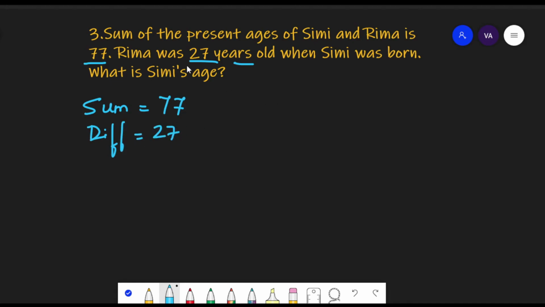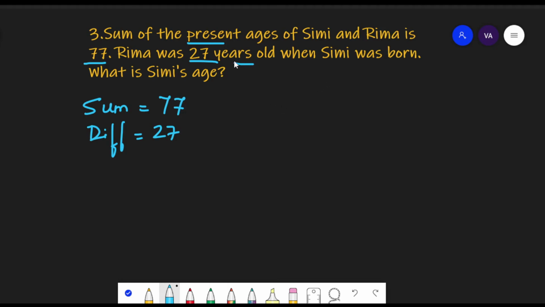But you will ask whether, see, Rima was 27 years old when Simi was born. So is 27 years the difference? Yes, because when Simi was born, she was just born. She was 0 years old. So definitely the difference between the ages was 27 years at that time. So what about the present difference? With every passing year, both of them will grow simultaneously.